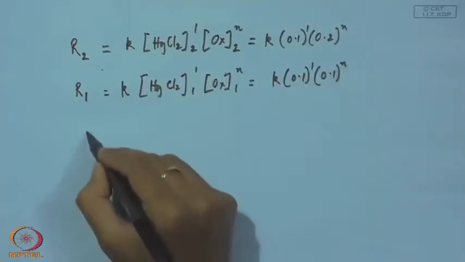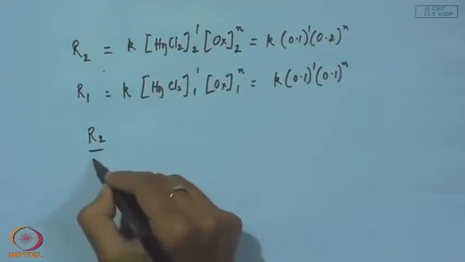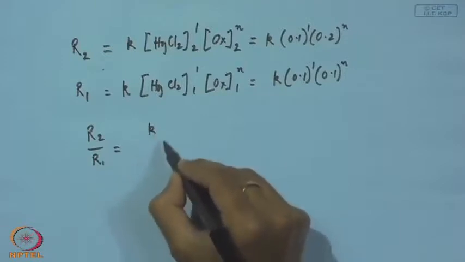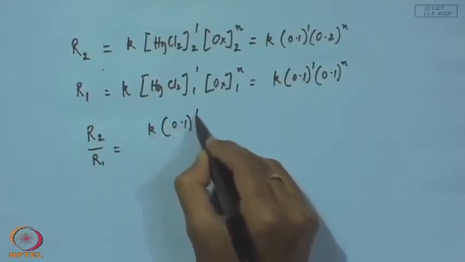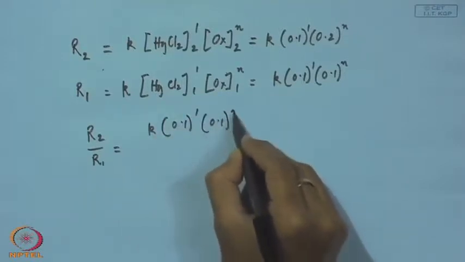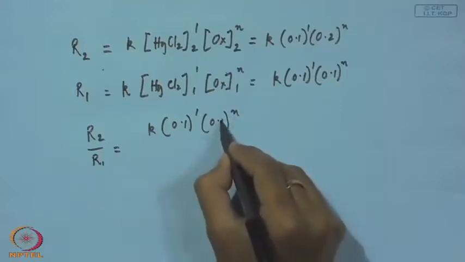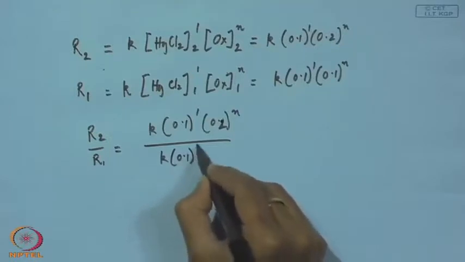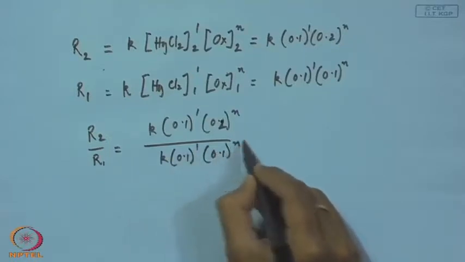If we divide R2 by R1, we get K into 0.1 to the power 1, 0.2 to the power n, divided by K, 0.1 to the power 1 and 0.1 to the power n.